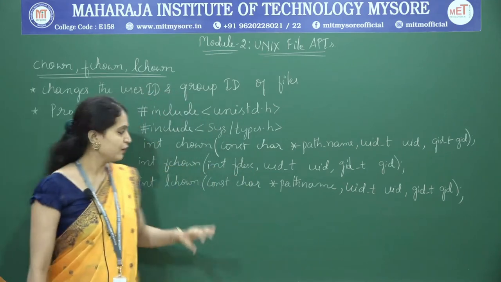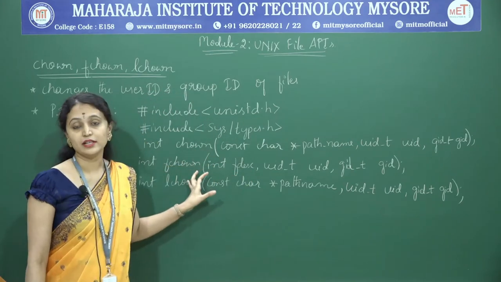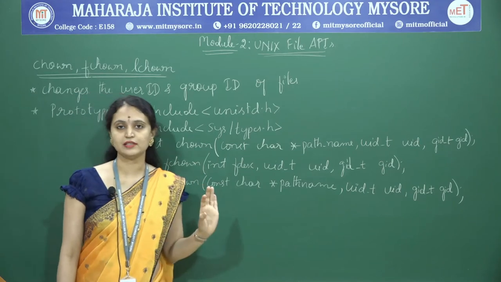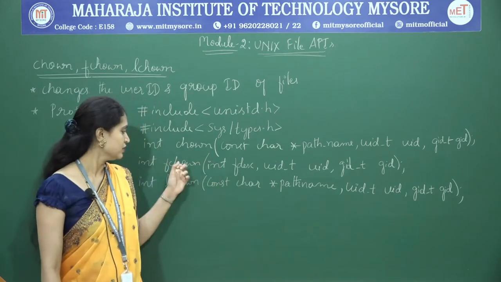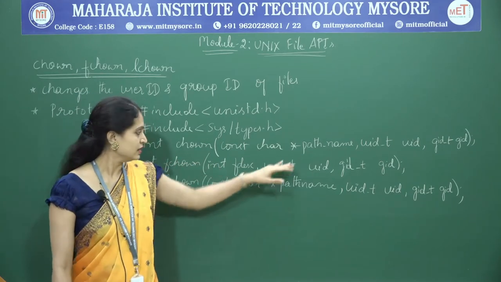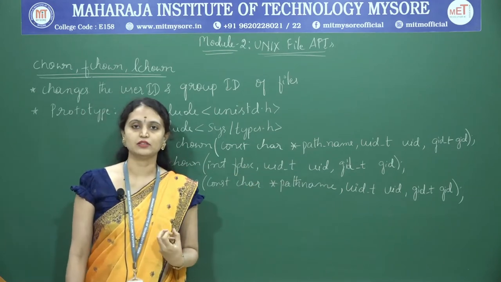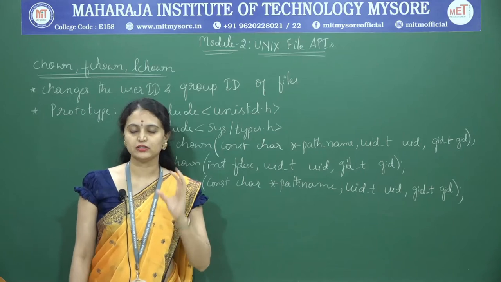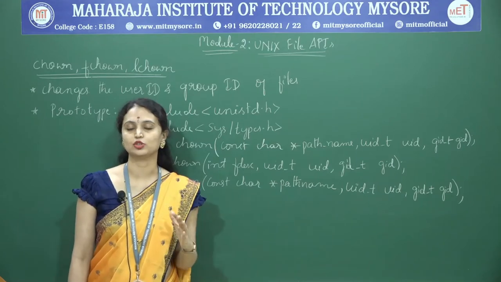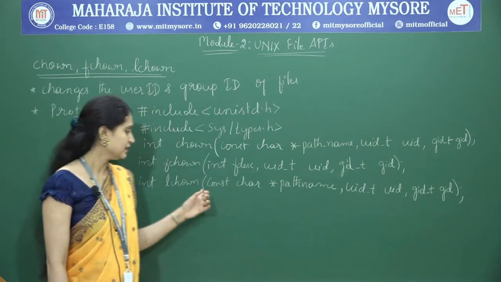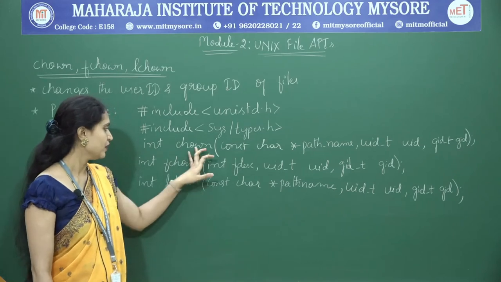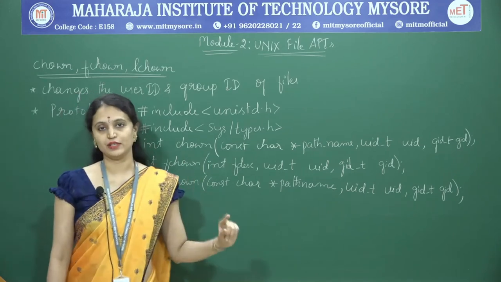The difference between chown and fchown is that in fchown, instead of a pathname, we have the file descriptor of the file to which the user ID and group ID have to be changed.